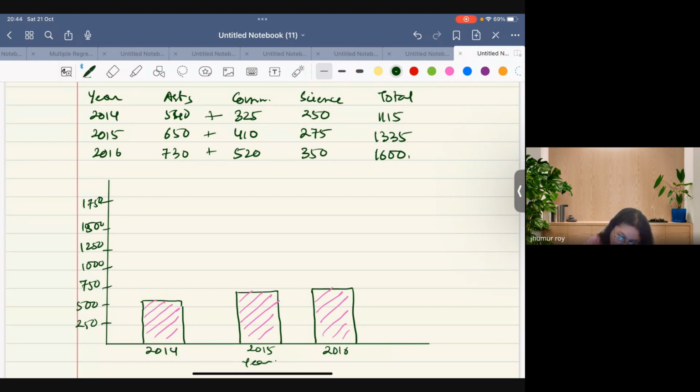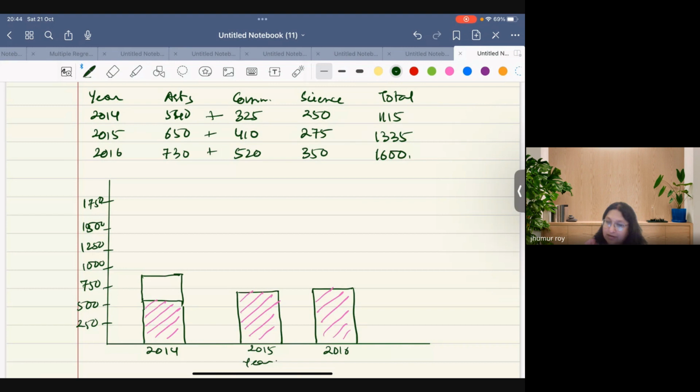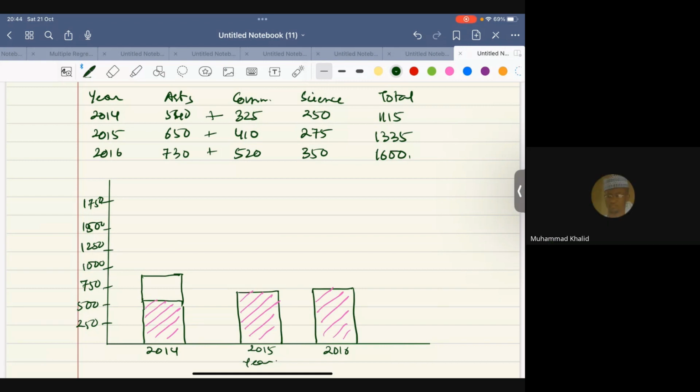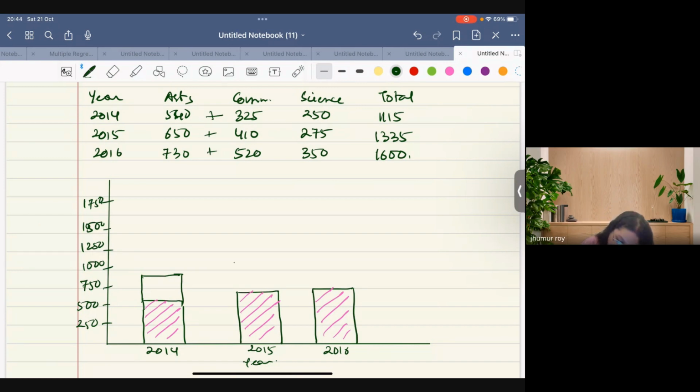So what we'll do is the second one we will take till 865. For the year 2015, how much is it? 650 plus 410. 1060. So for the next one, we will take 1060.